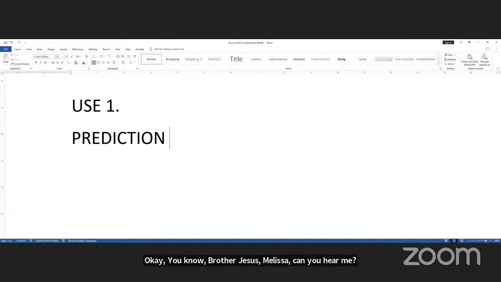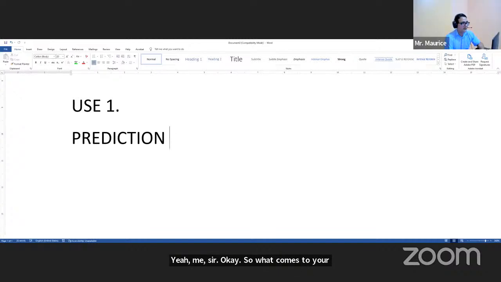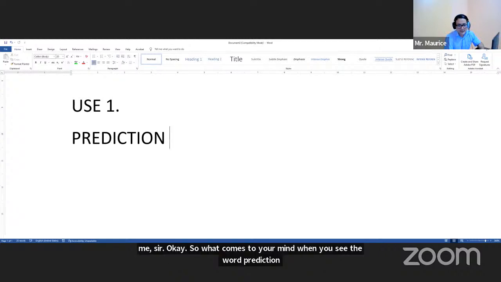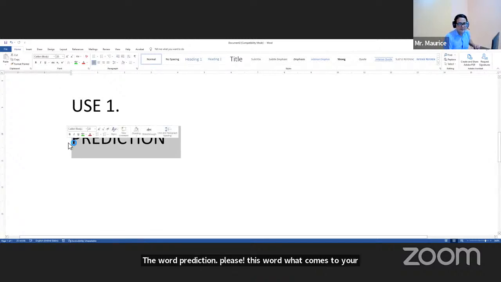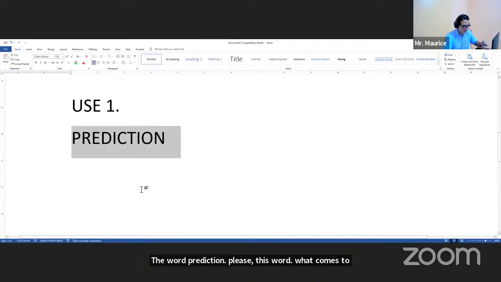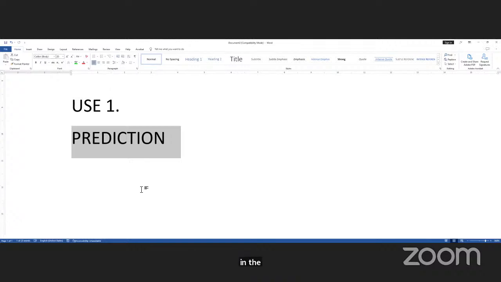Okay, so what comes to your mind when you see the word prediction? The word prediction, please, this word. What comes to your mind? Any ideas about the word prediction? Tell me. Any ideas? No? She's left.